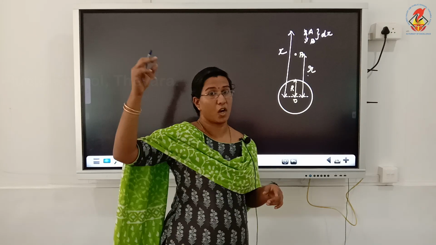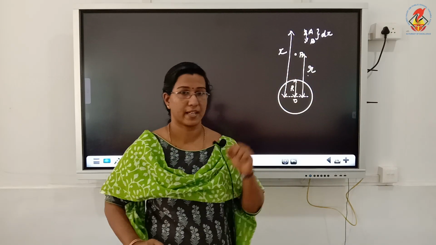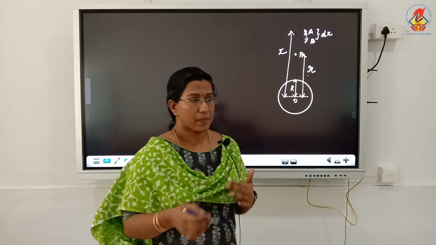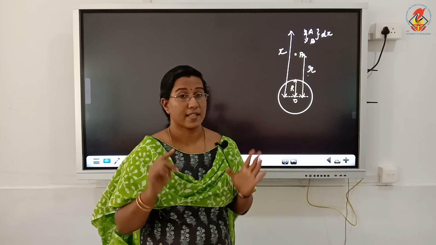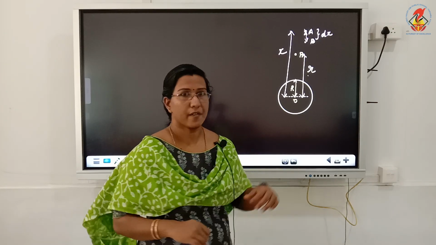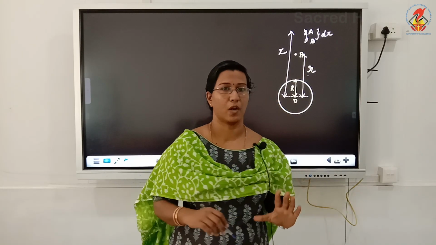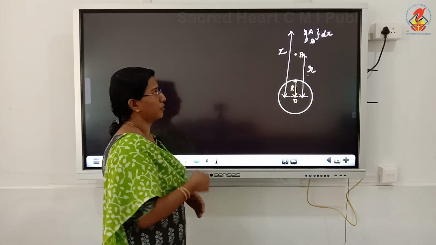My aim is to bring my object from infinity to point P, to find out the potential energy there. Then how will we find out the total work done? Yes, we integrate. We integrate from infinity to the point of observation, that is P, and find out the total work done. These are the steps we are going to follow.